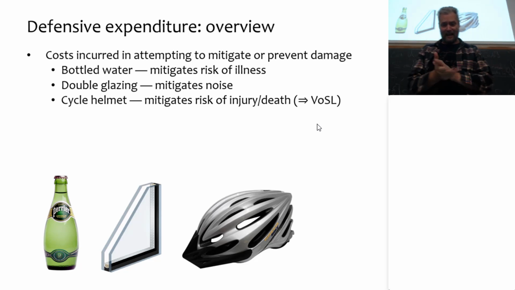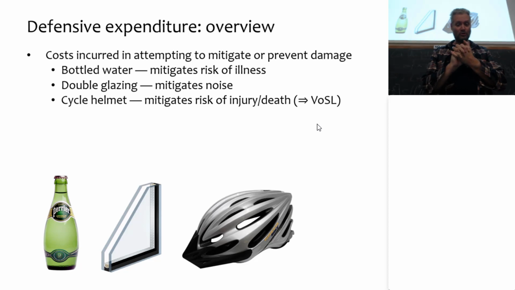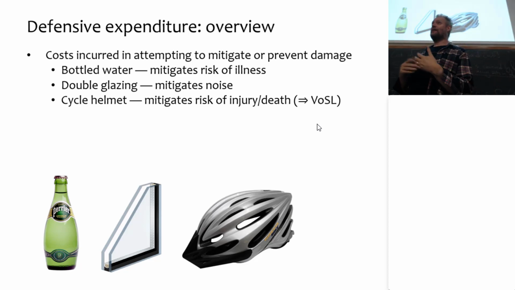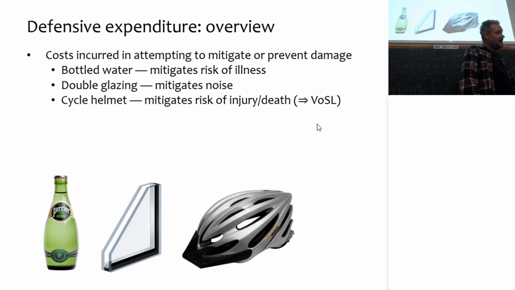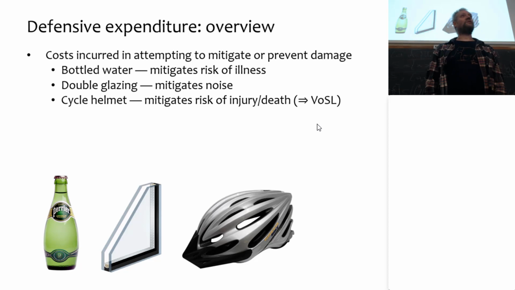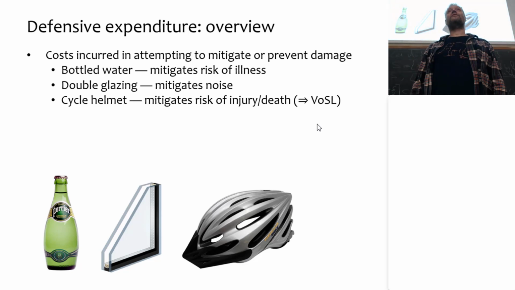So you look at the price of bottled water, and you need to figure out why do people drink bottled water. And if you ask them and they tell you it is because I don't want to get ill, and that is the only reason I drink bottled water, then you can derive from that purchase how much they are willing to pay to avoid getting ill, right?